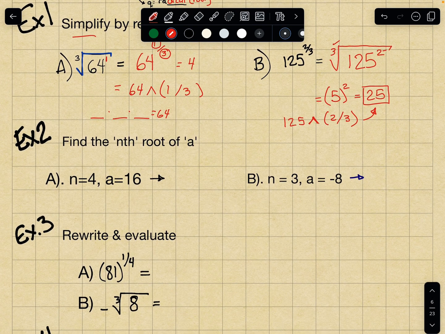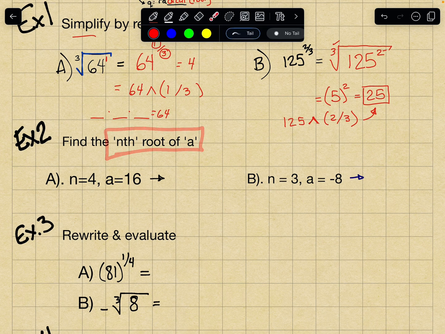Examples 2 and 3 now are kind of going to be variations of this. Number 1, here they've asked us to find the nth root of a. So we want to find the 4th root of 16. Okay? N is 4, a is 16. So what we're going to do is say the 4th root of 16.